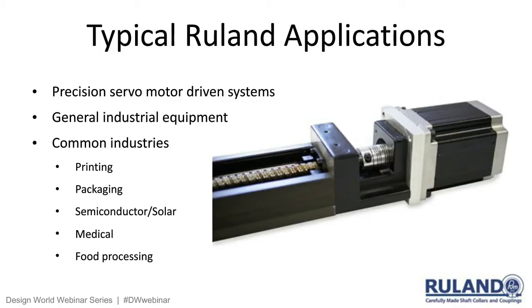Common industries: printing, packaging, semiconductor, solar, medical, food processing. The applications for an actuator of this type are almost endless. They're showing up in almost every industry. And this is an extremely common configuration for a linear actuator with a motor bracket and a coupling connecting.